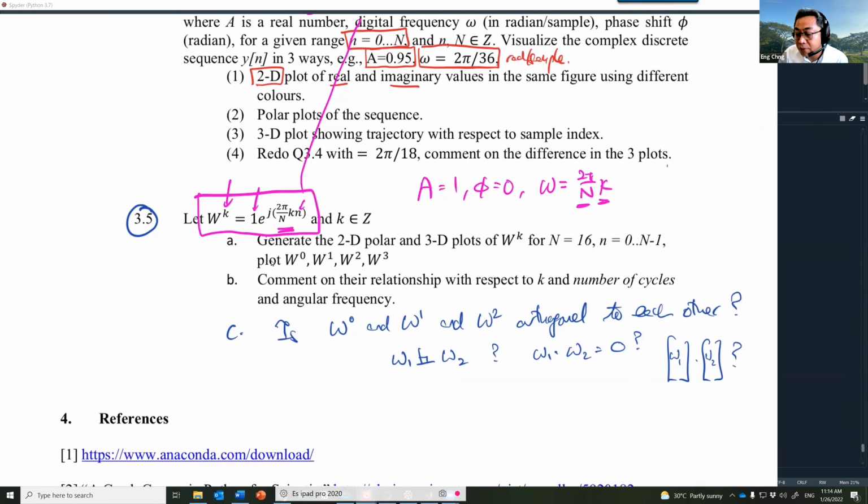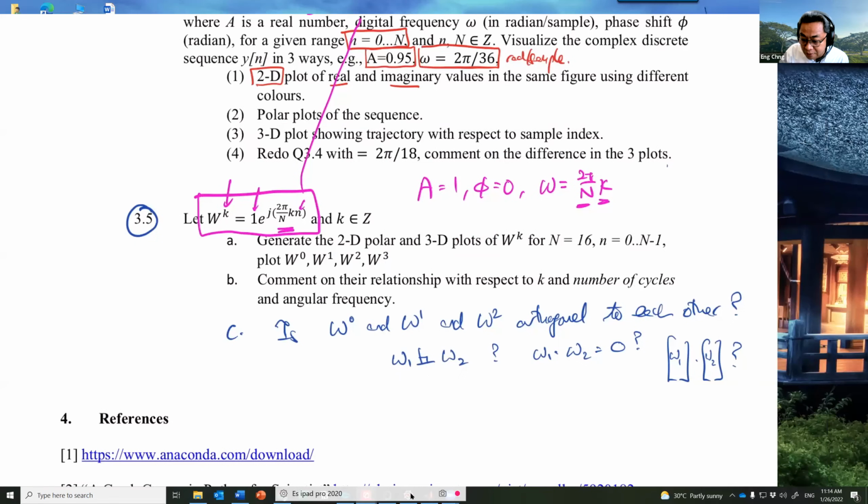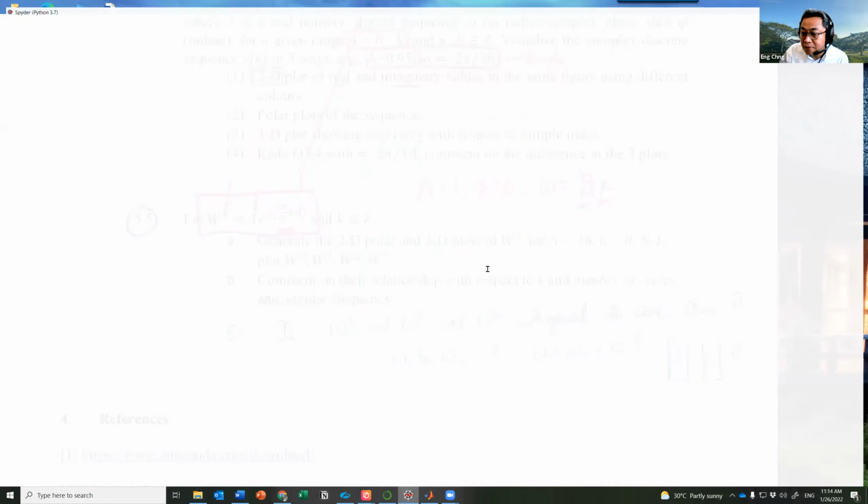In question 3.5, I have just explained and shown you different K and explained the relationships of K and the number of cycles and angular frequencies. Here, it might be clear to you now, the angular frequency is this.